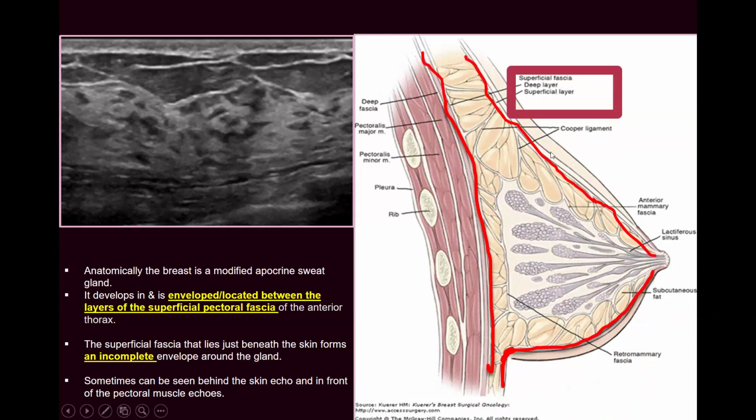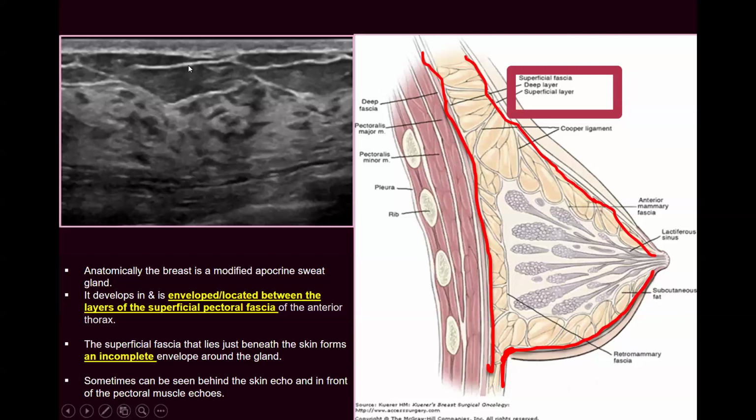Here we have the superficial layer of the superficial fascia and the deep layer of the superficial fascia. The superficial layer is an incomplete layer, interrupted here at the nipple areolar complex, covering the breast underneath the skin, as you have seen here.